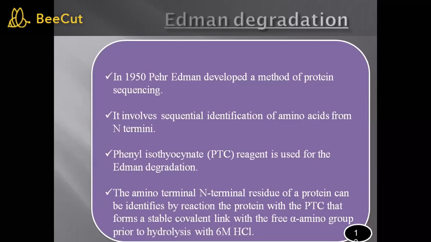We take our sample and add this phenyl isothiocyanate. It will react with the N-terminal end of that particular protein and form a stable covalent link with the alpha amino group, forming a complex. After hydrolysis, as in Sanger's method, we determine the sequence of that N-terminal amino acid.